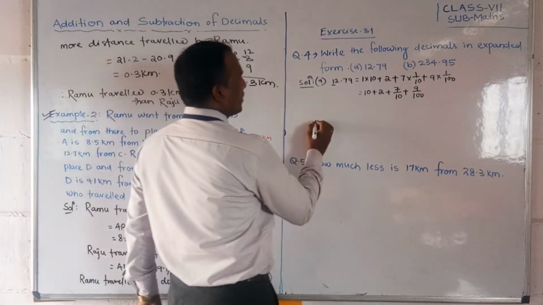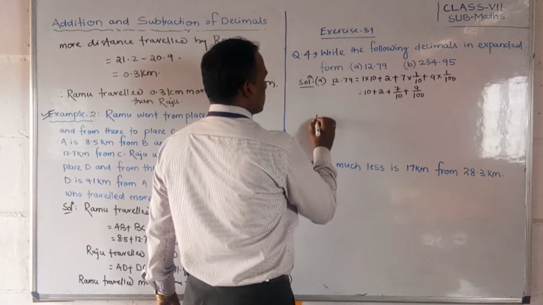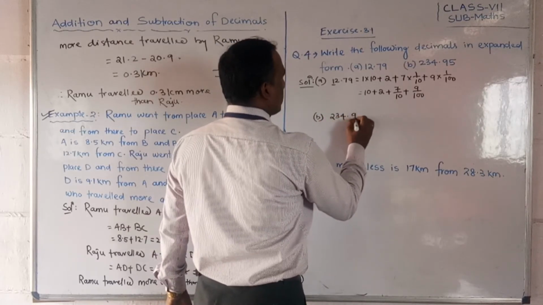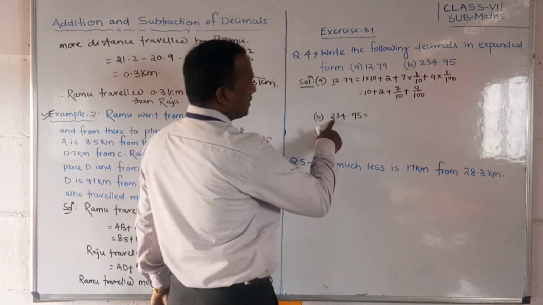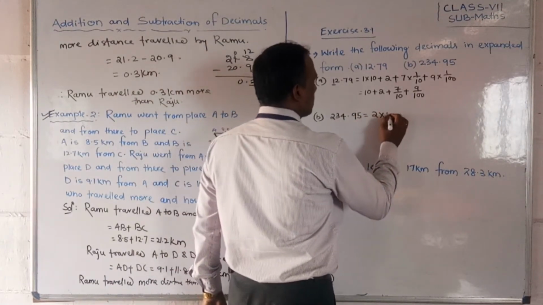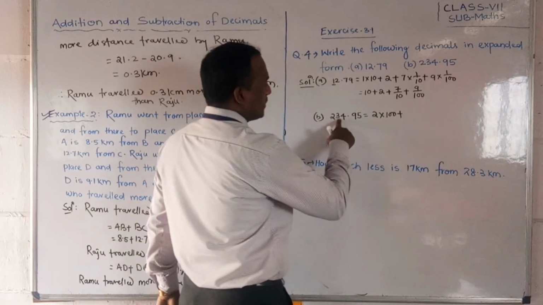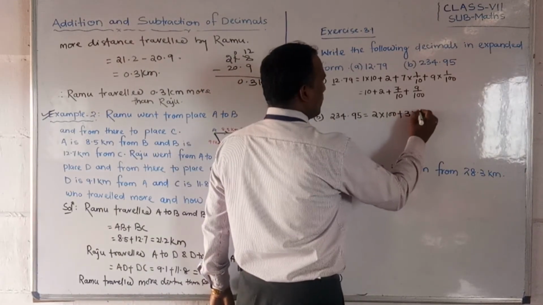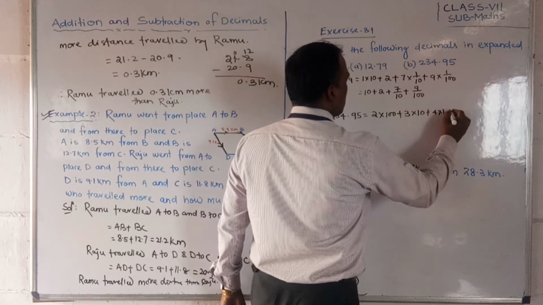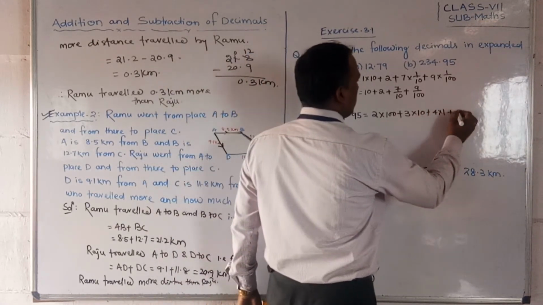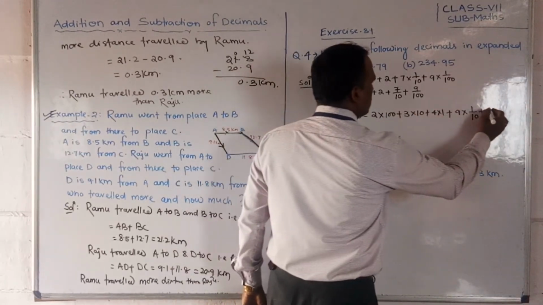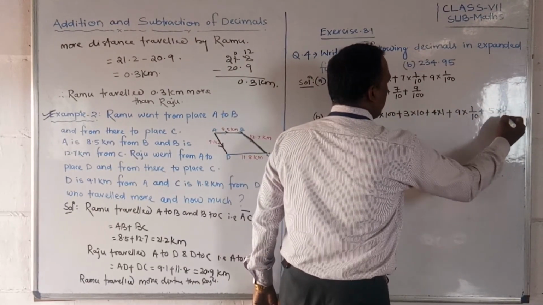Same like that, students, part B we can do. 234.95 is equal to: first place value 2, its place value is 100, this is 3, place value 10, 4 into 1, plus this is 9, place value is 1 by 10, 5 into 1 by 100.